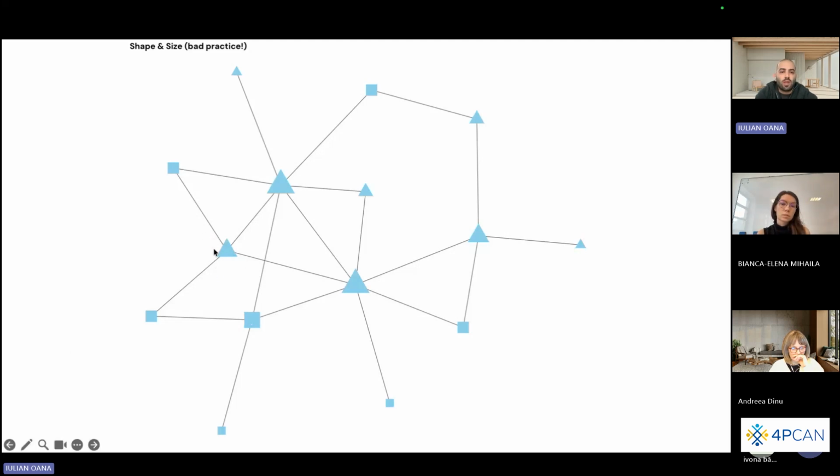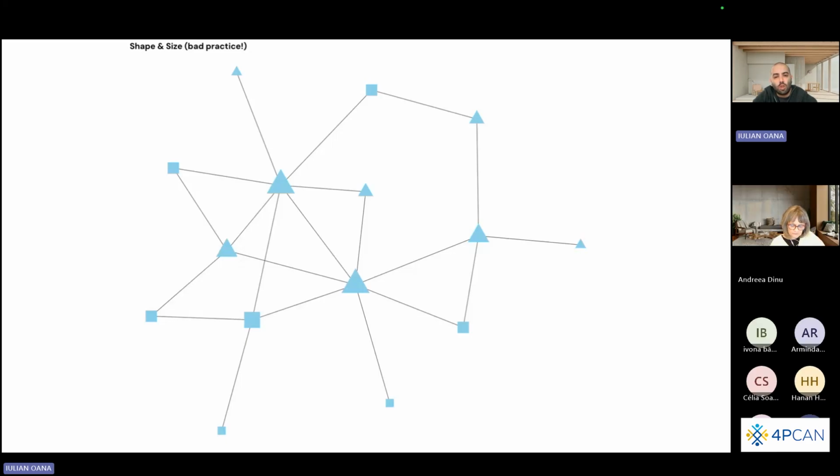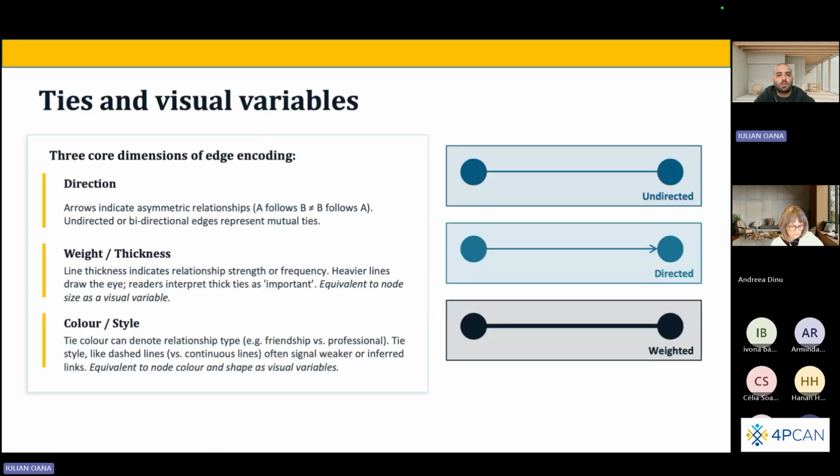And I can see that this triangle has 4 connections and this square has 4 connections, but it's not the job of the reader to sit there, look at the visual representation of the network and start to count lines adjacent to each node to see if there's any difference there, right? So this is an example of bad practice.